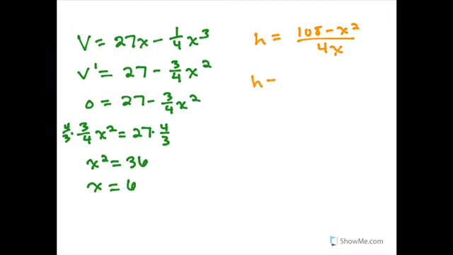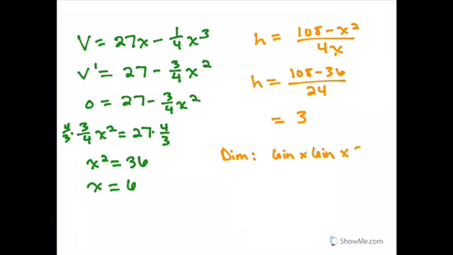So we're going to plug x equals 6 in here, and I get 108 minus 36 over 4 times 6 is 24. That's 72 over 24, which is 3. So the dimensions are 6 inches by 6 inches. That's my x by x, by my h of 3 inches.